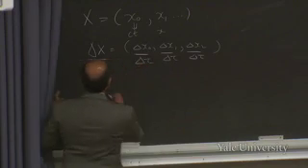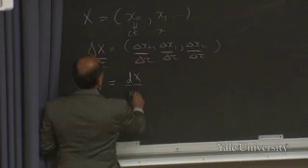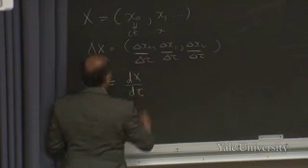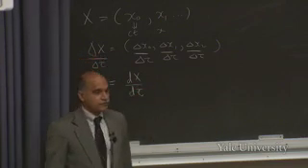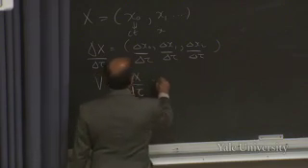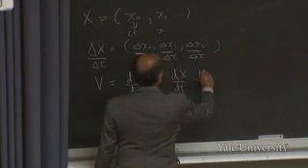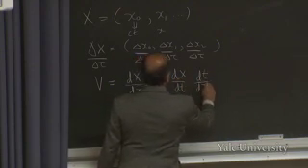So I'm going to form a new quantity called velocity, which is the derivative of this with respect to tau. Then I'm going to use the chain rule and write it as dx/dt times dt/d tau.